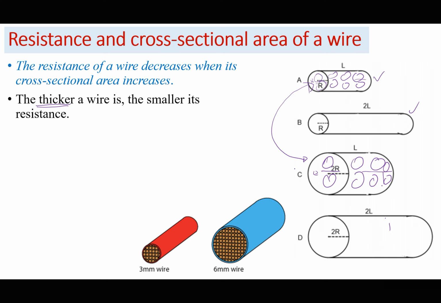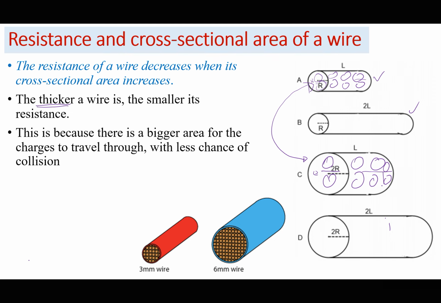So wire C is thicker than wire A. This is because there is a bigger area for the charge to travel through, with less chance of collision. So the bigger the area, the smaller the chance of collision of the electrons with the atoms, and therefore the smaller the resistance. Hence, we simply say resistance is inversely proportional to the cross-sectional area.